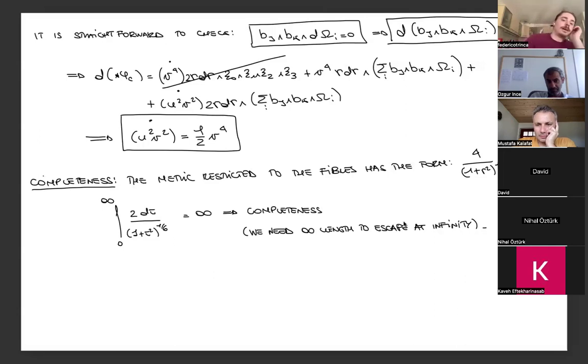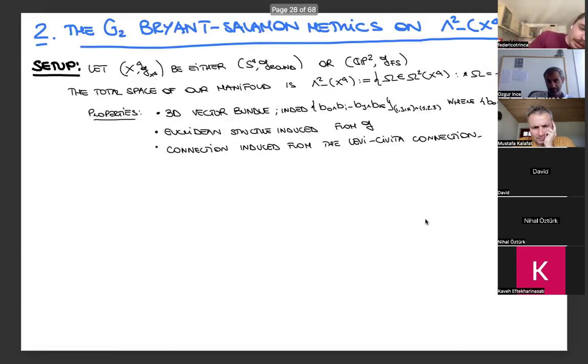Okay, so I will then move to the second example of Bryant-Salamon, which is the anti-self-dual two forms over either the round sphere or CP2 with a Fubini-Study metric.